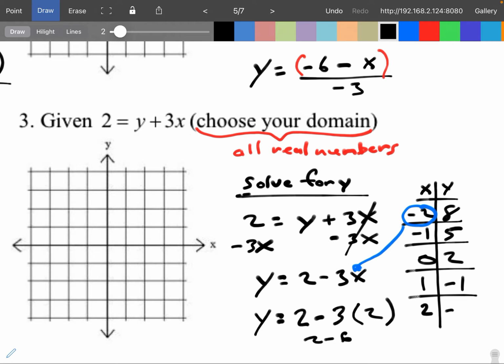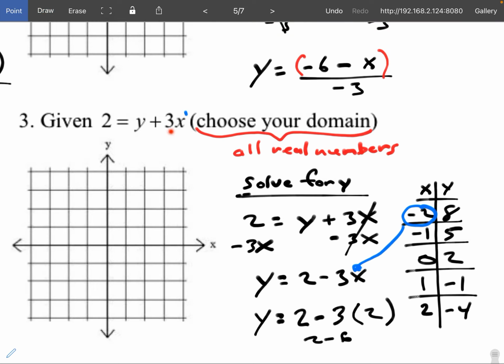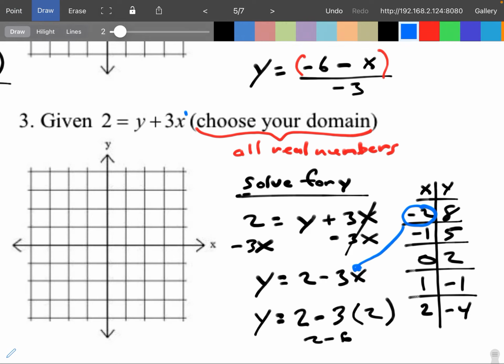So I put 2 in right here. What is -3 times 2? That's a -6. So I'm going to write 2 minus 6, because that 6 is negative. What's 2 take away 6? Good.